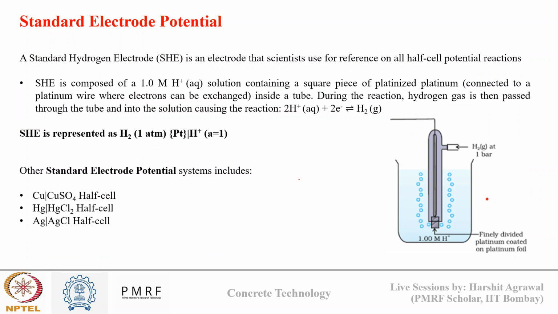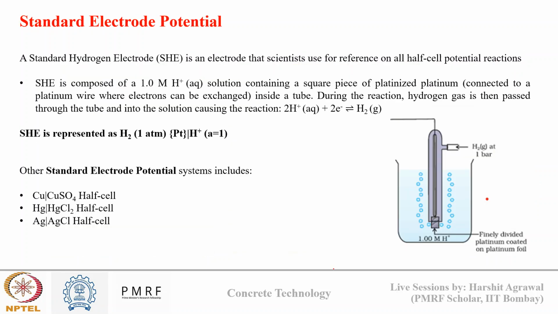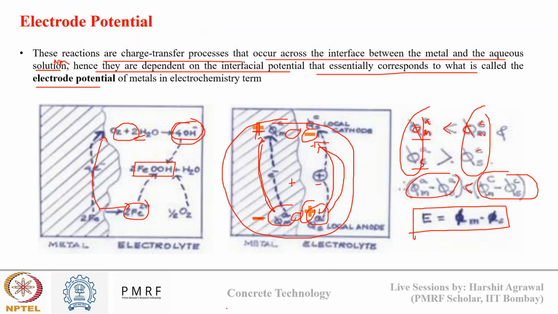Now, measuring the absolute value of this potential at an interface is not possible. So for recording potential, we report it in terms of some standard electrode potential whose value we know. Like this E value that we have written here, which represents the electrode potential of this interface, we can't directly report it.